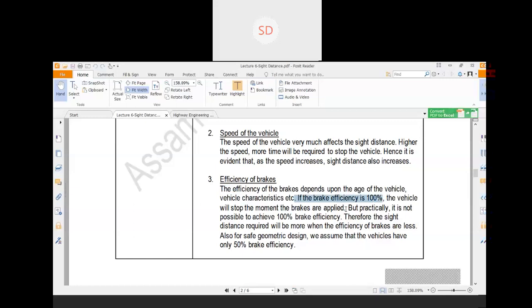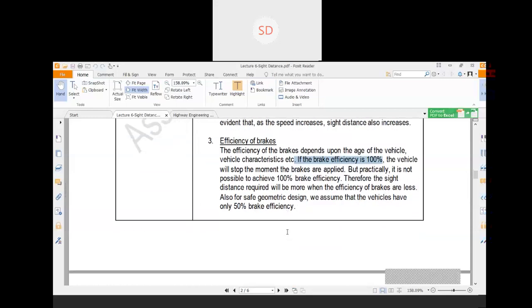So whenever you apply the brakes, your vehicle does not stop immediately, but it will go a particular distance, and after traveling that distance, it will gradually stop. Therefore, the sight distance required will be more when the efficiency of the brakes is less, and when the efficiency of the brakes is more, the sight distance would be less. So, for safe geometric design, we assume that vehicles have only 50% brake efficiency.